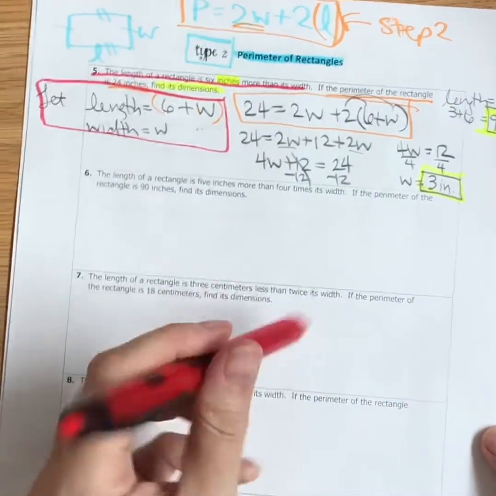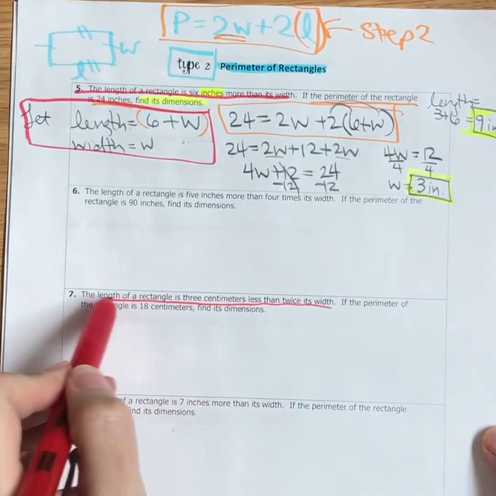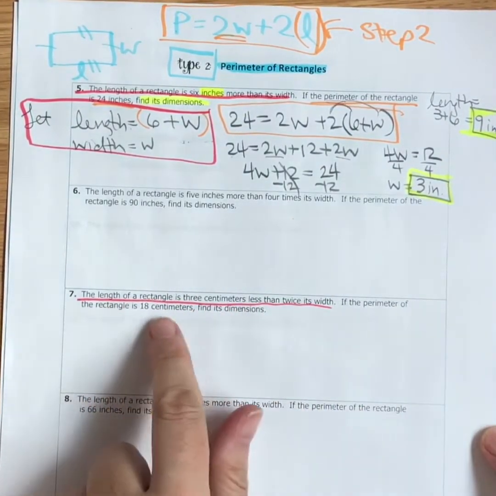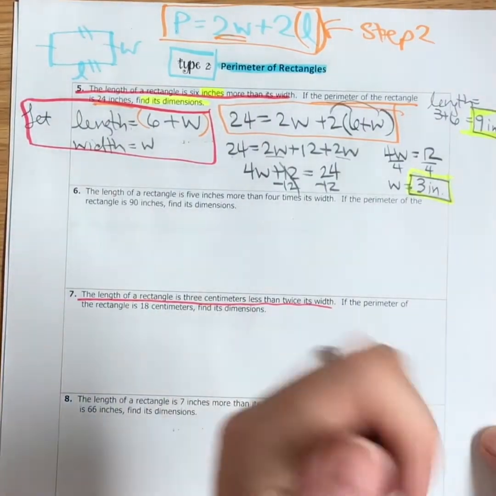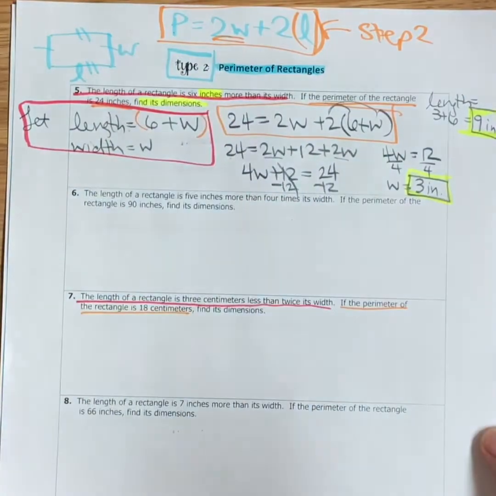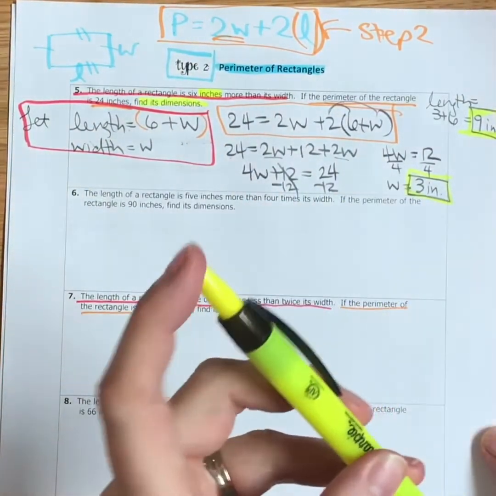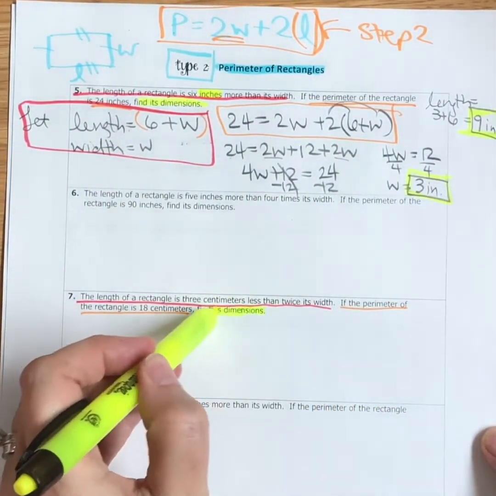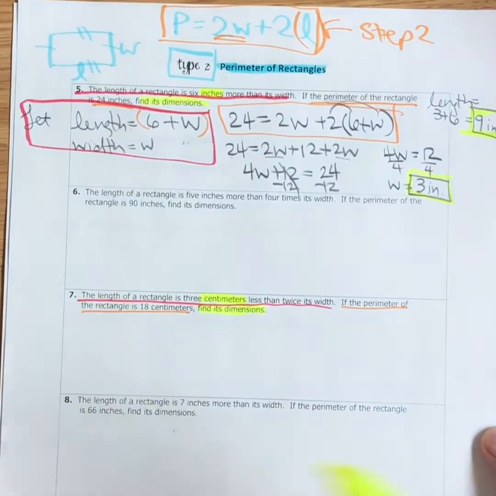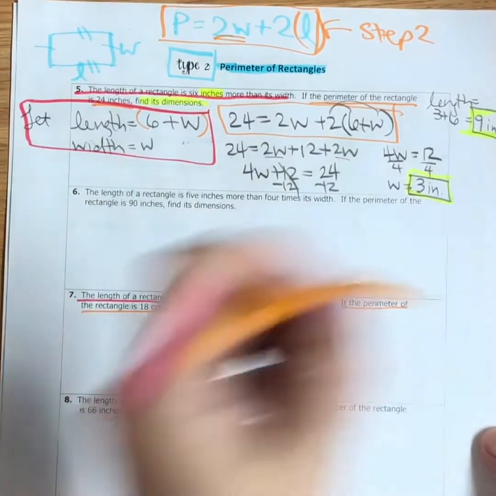Okay, that's going to be step 1. That's what we need to define our variables. If the perimeter of the rectangle is 18 centimeters, so that's step 2. Remember, in step 2 we have to use the formula. Then we find its dimensions. I'm going to highlight that centimeters is what we're going to need for our final answer. Okay? So let's do step 1.